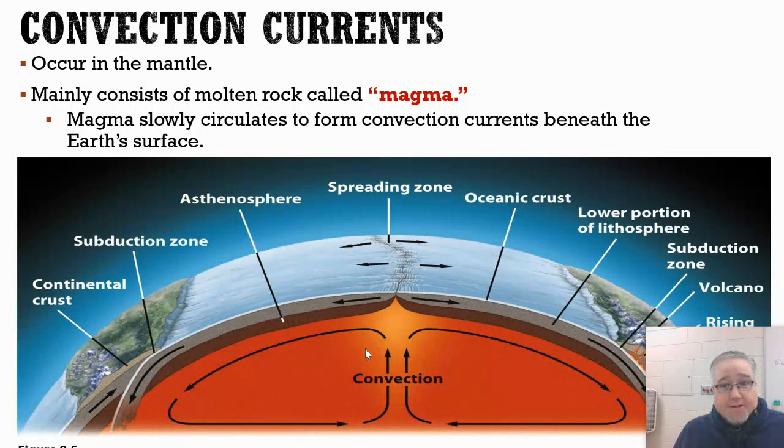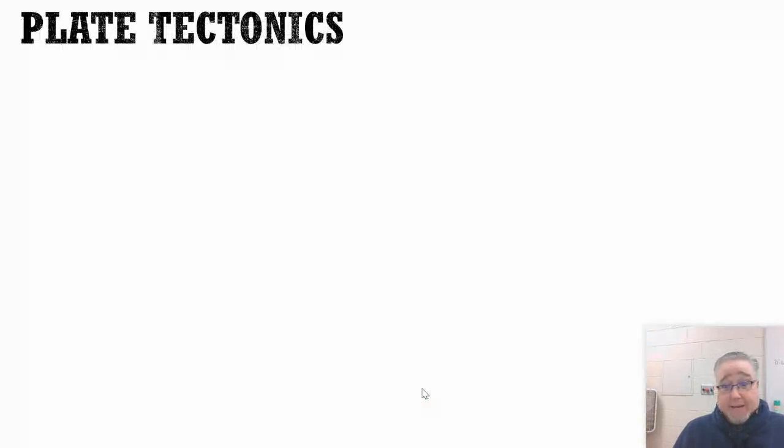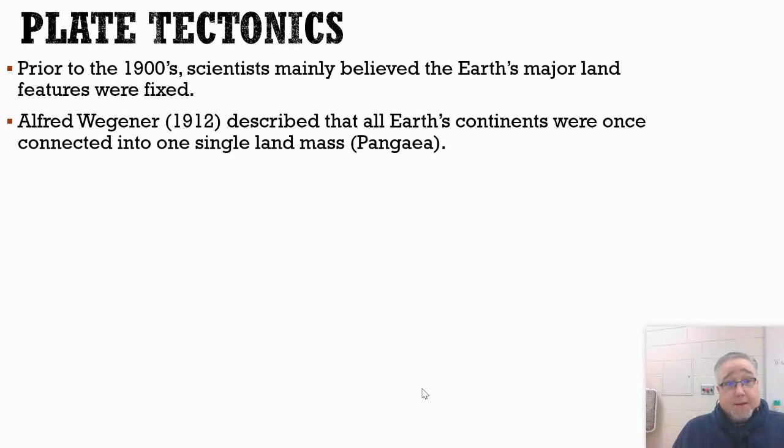So we call these things convection currents, and it's basically just magma, this liquid rock that's moving upwards and then cooling and then coming down and then circulating around again. So we get these convection patterns that flow in the magma. And as that magma is moving underneath the crust, it actually is impacting the crust at the surface. So those convection currents are kind of interesting because they do impact the surface of our planet.